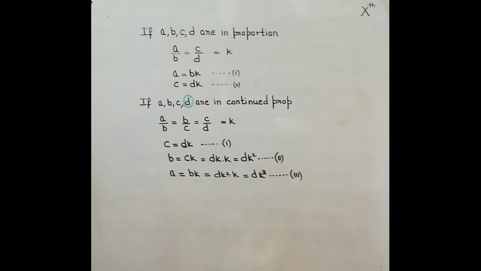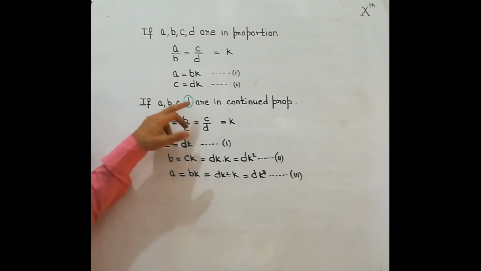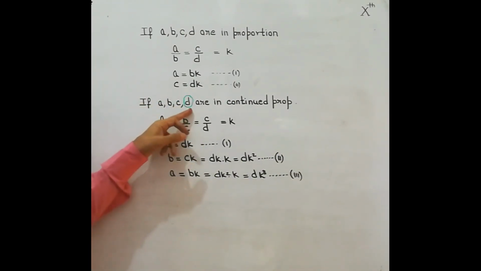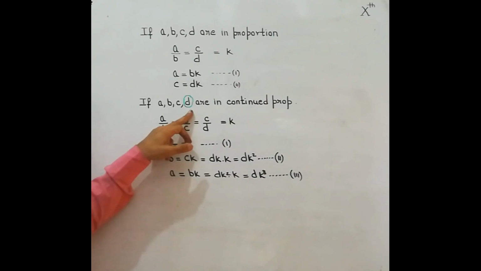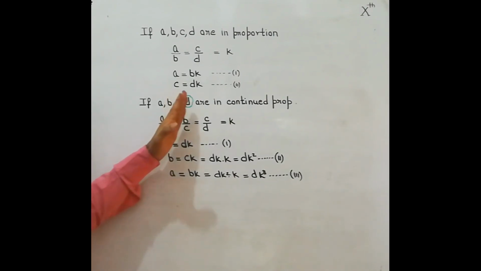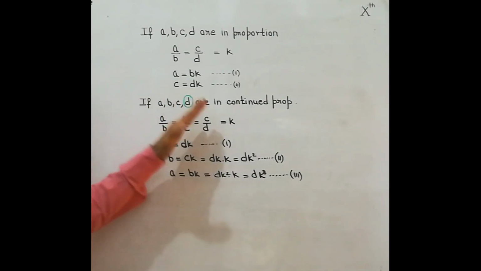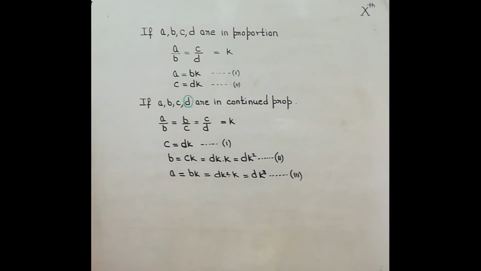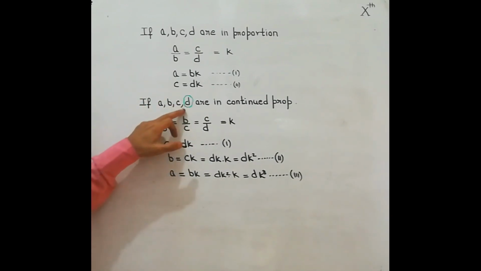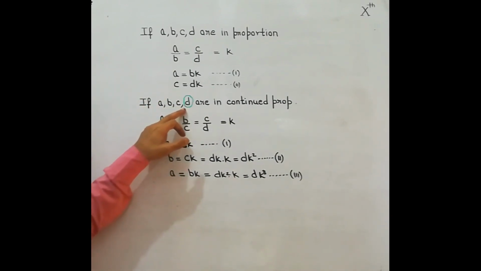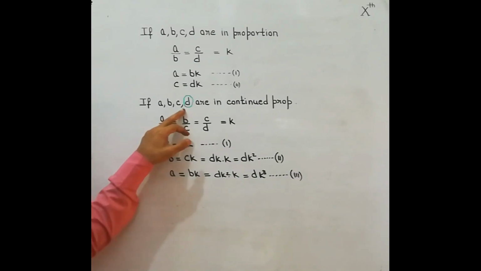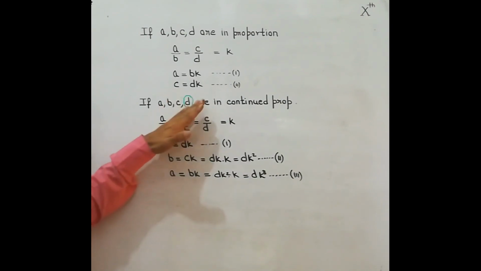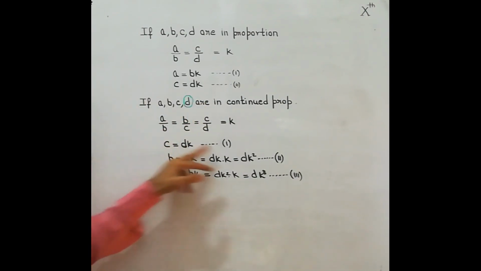Whenever the terms are in continued proportion, then for the last term you do not make any substitution, but for the terms lying before it, you have to do the substitution in terms of it. So here the last term is D, so no substitution will be made for D. D will remain as it is on LHS and RHS, but A, B and C, the terms lying before it, will be replaced like this.